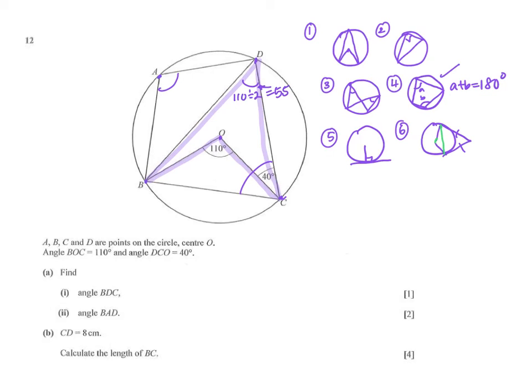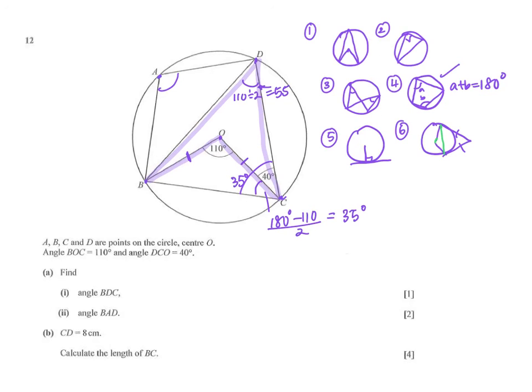And not only that, we have radii, therefore a pair of isosceles triangles, and this angle over here will be 180 minus 110 divided by 2 to give me 35. So this is 35 degrees.